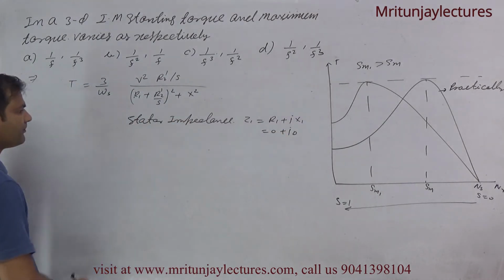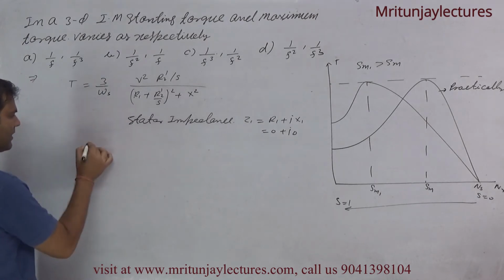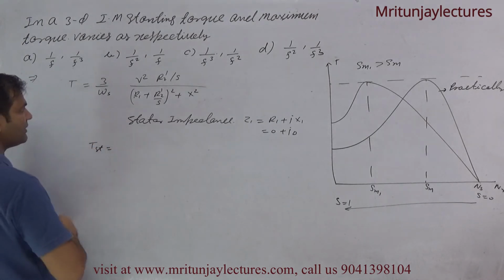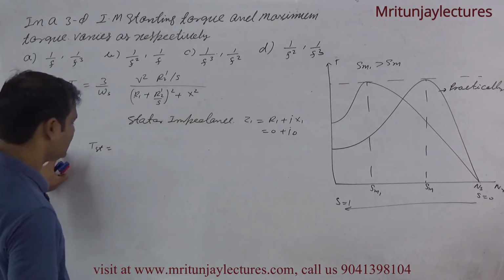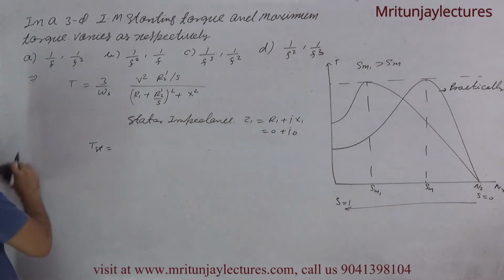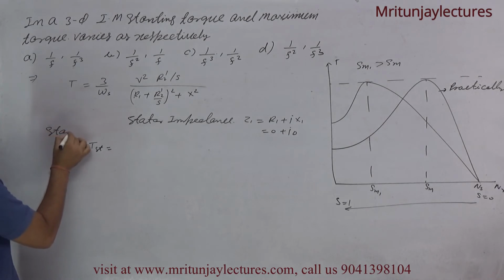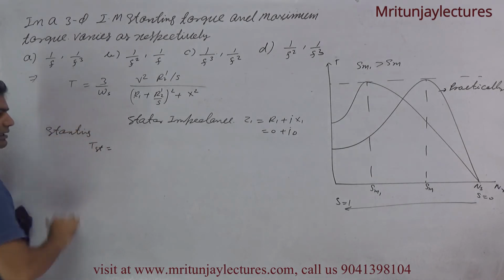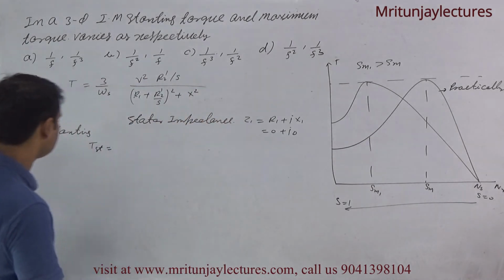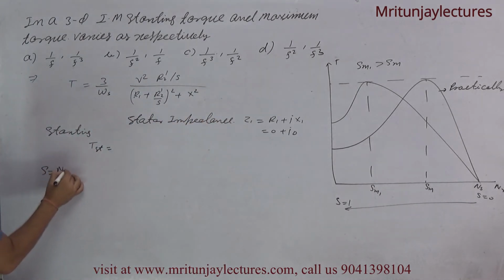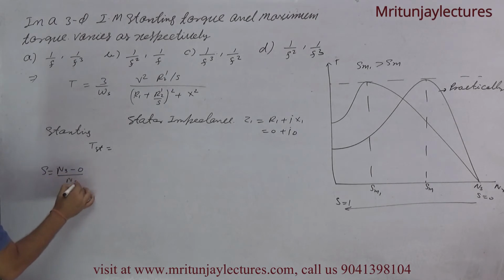And then what about starting torque? At S equal to 1 means starting torque. At starting, NR will be equal to 0, so slip will be equal to 1. Why? S is equal to NS minus 0 divided by NS, that is 1.